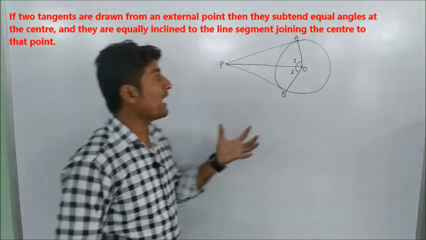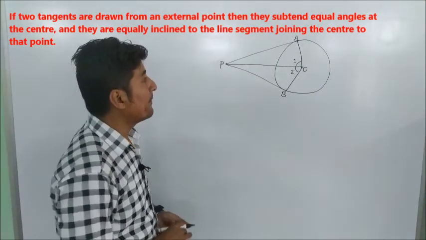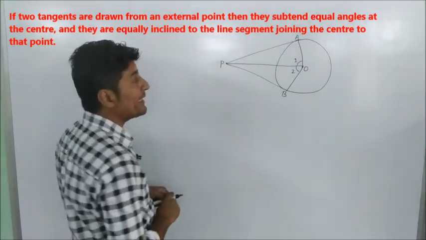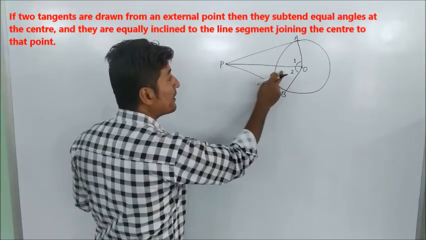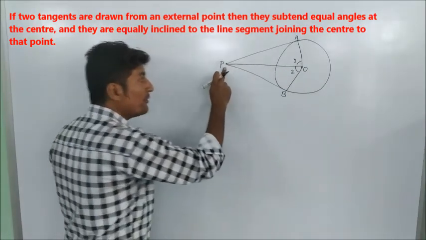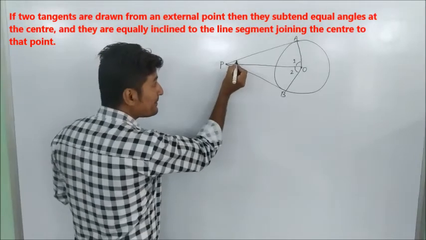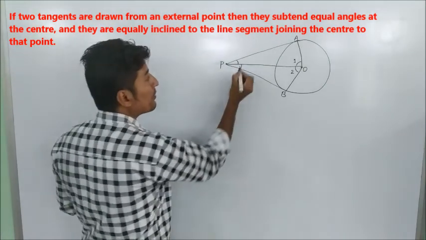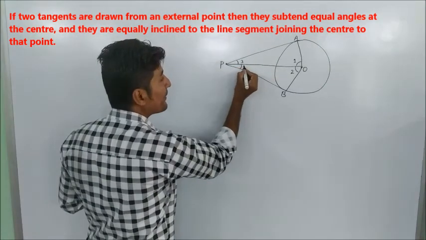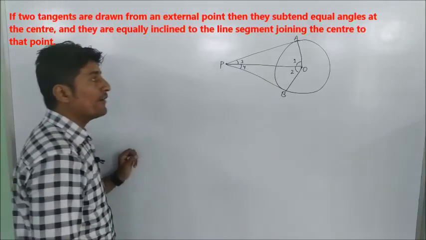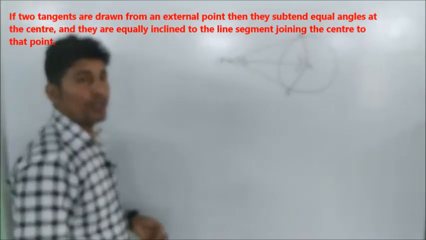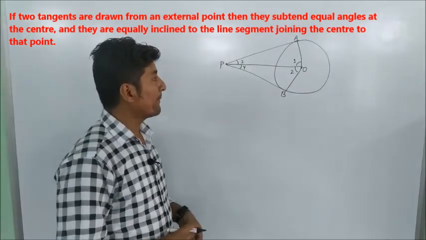Second thing, they are equally inclined, which means PA and PB both are equally inclined to the line segment joining the center to that point. That means the measurements of these two angles are also equal. Suppose the measurement of this angle I have taken as 3, and this one I have taken as 4. So we have to prove that angle 3 and angle 4 both are equal.